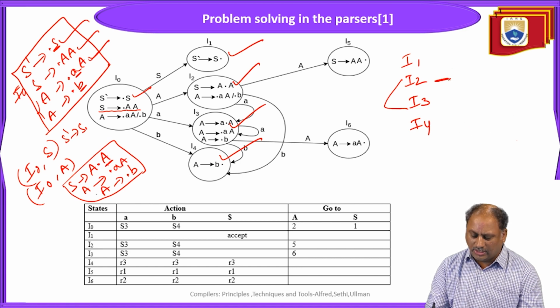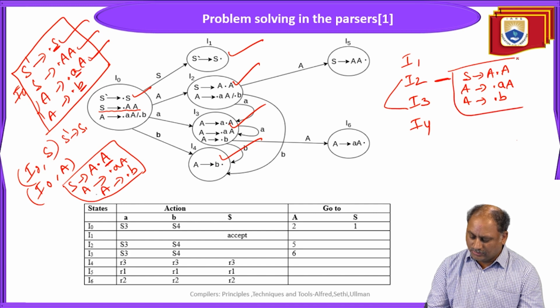For example, if you take I2, what are the productions that are available? S derives A dot A, capital A derives dot small a capital A, and capital A derives dot B. Now, in this state, we have to apply I2 comma capital A first.